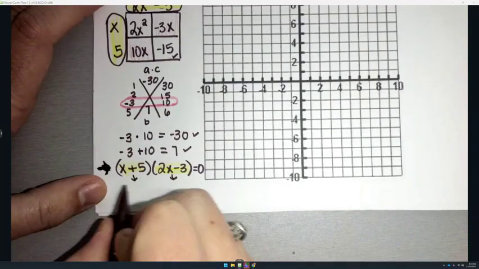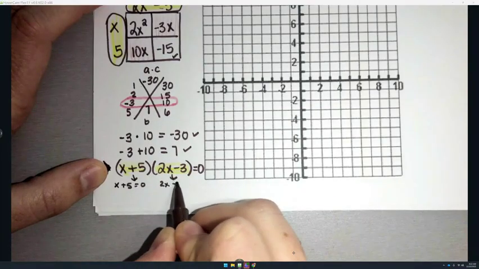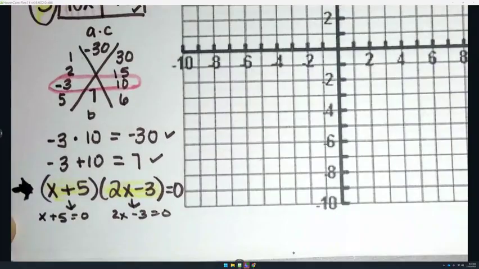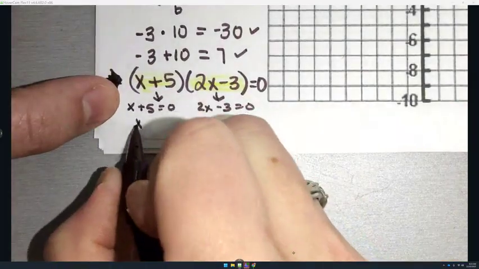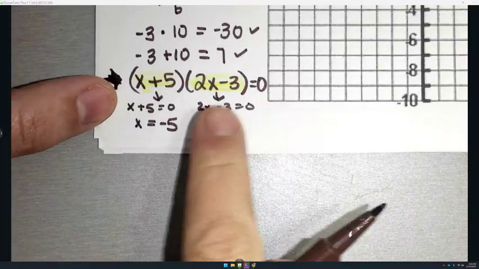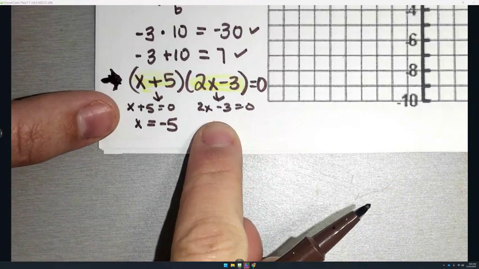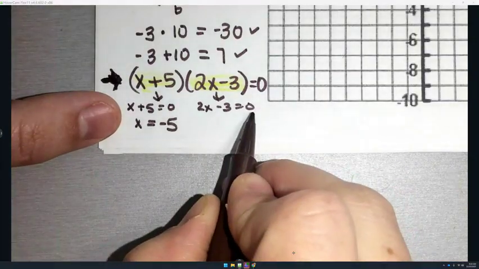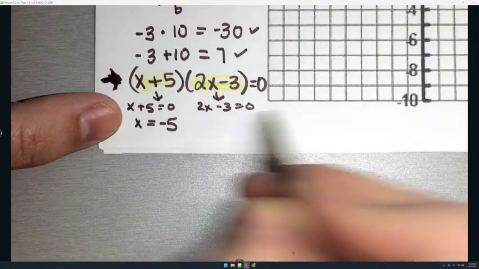Okay. So now what we do is we set each of these equal to 0 and then solve for x. So we have x plus 5 is equal to 0. 2x minus 3 is equal to 0. We're getting pretty good at this one without having to do any work. Subtract 5 from both sides. X is going to equal negative 5. Can anyone do this one in their head? 2x equals 3 and it divides, 3 over 2. We would have to move this negative 3 over, right? Yeah. So that means a positive 3. 2x equals positive 3. Divide by 2.